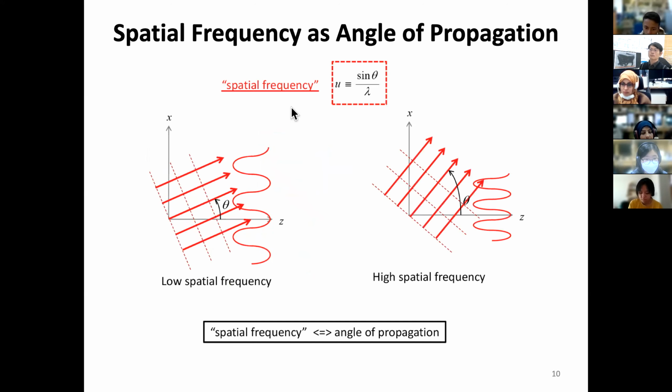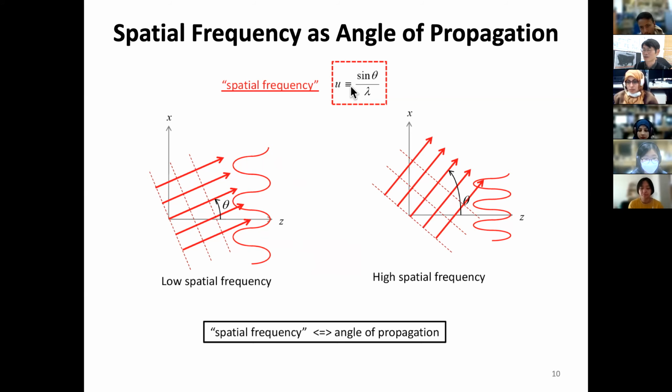And now we want to change slightly our viewpoint into a kind of angular spectrum concept: spatial frequency as an angle of propagation. We remember that spatial frequency u is, in unit space, how many of the wave exists. That's the definition of spatial frequency.